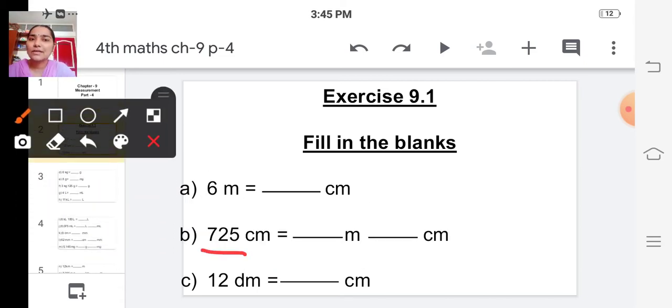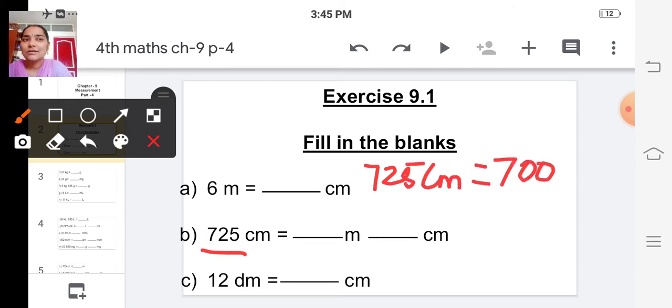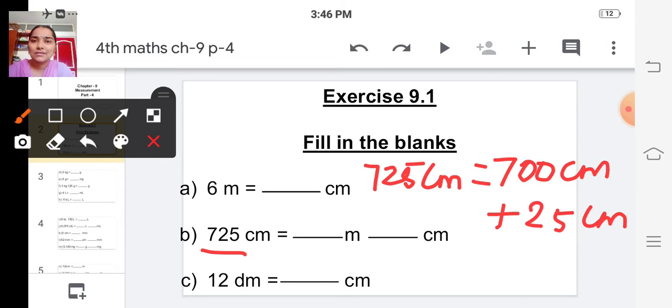We can split this 725 centimeter into 700 centimeter plus 25 centimeter.